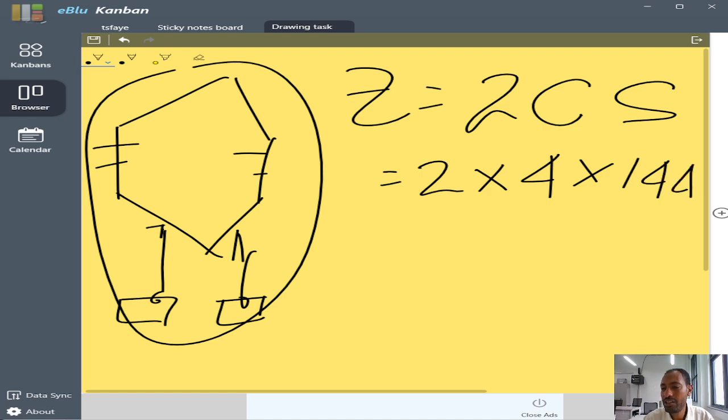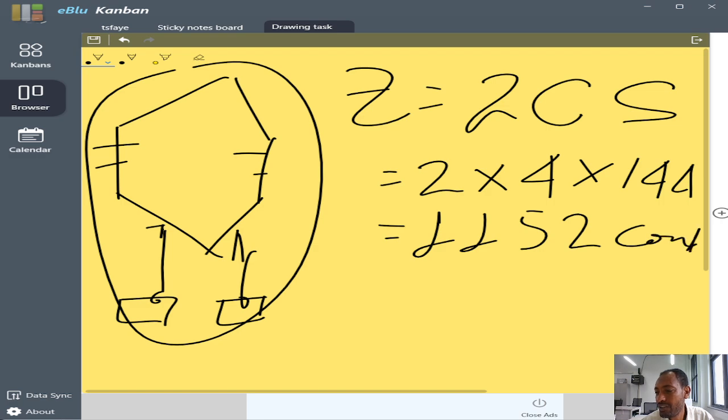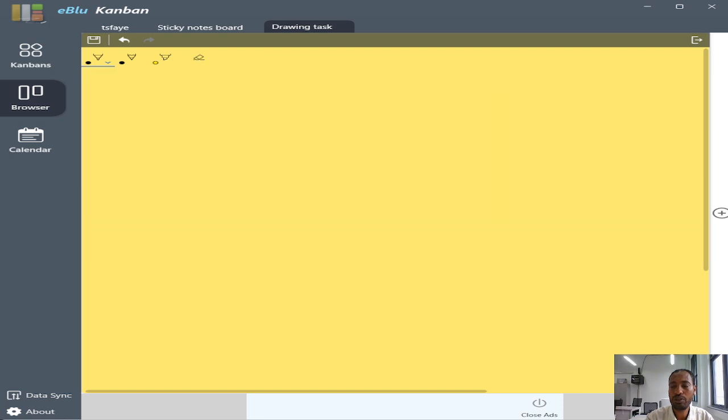144 conductors. Therefore our Z is going to be 1152 conductors in our machine. Now once we know that, we can directly go to the EMF equation.